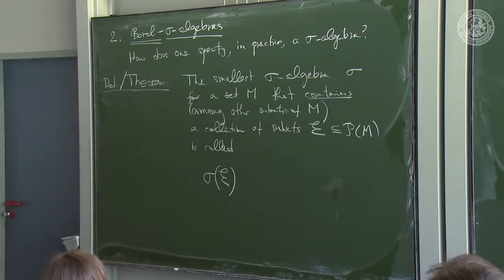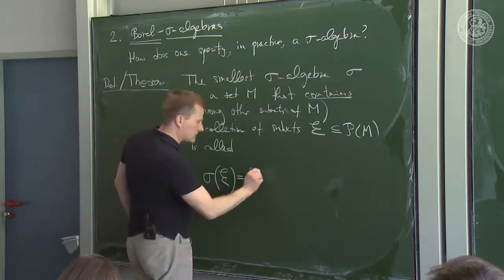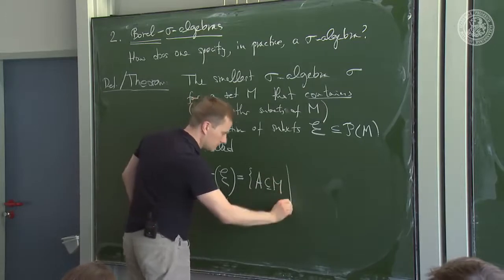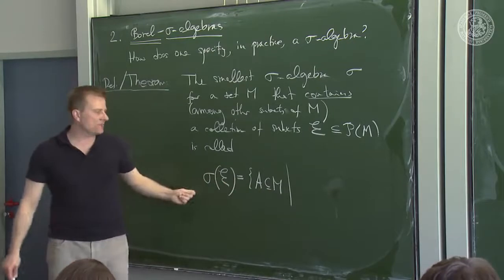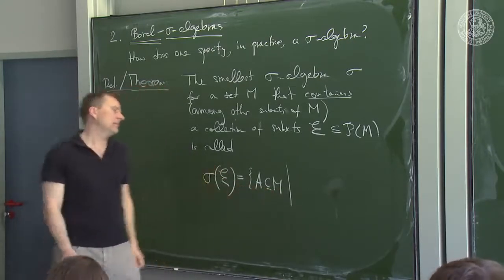So these sets in E must be in there. And what else? Well, if it's supposed to become a sigma algebra of M, it needs to contain subsets of M. It can't contain all subsets of M, then it would be the power set.